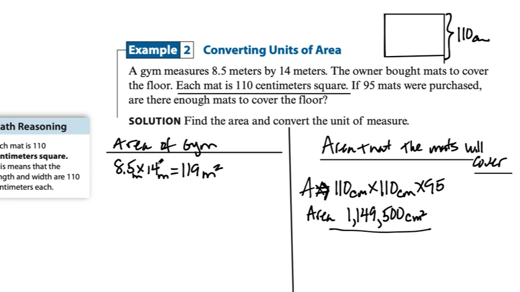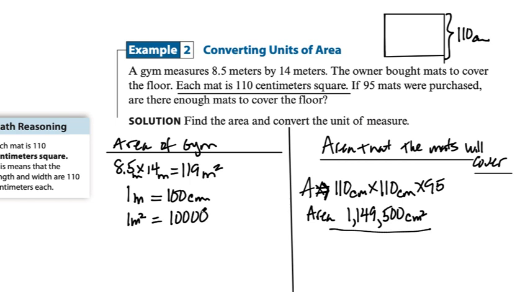Let's see if that's enough for the space that we're dealing with. We've got 8.5 times 14 meters, which gives us 119 meters squared. But the next thing we need to do is see how many square centimeters that is. So here's the conversion. We know that 1 meter is equal to 100 centimeters. If we have 1 meter squared, that will be 1 meter times 1 meter. We call that 1 meter squared. But if we're considering the number of square centimeters in that 1 meter squared, we've got to do 100 times 100, which is 10,000.